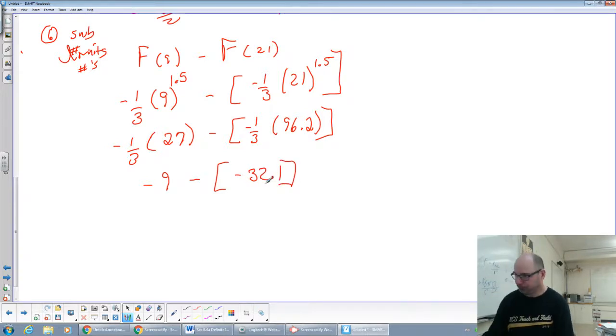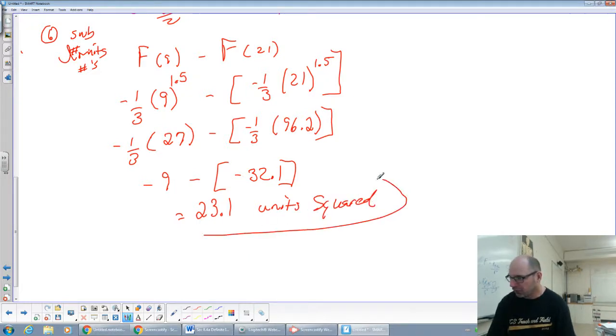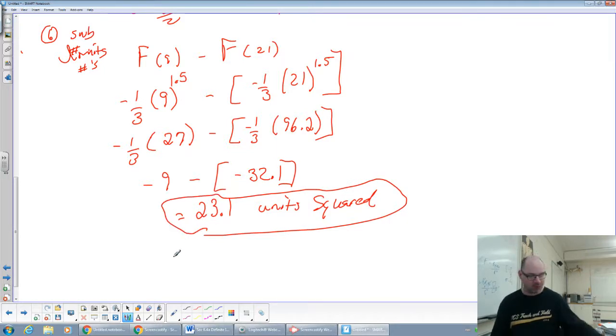Sorry guys, and we have to add these two. So negative 9 plus that gives us 23.1 square units. So there's an example of using substitution with definite integration as well.